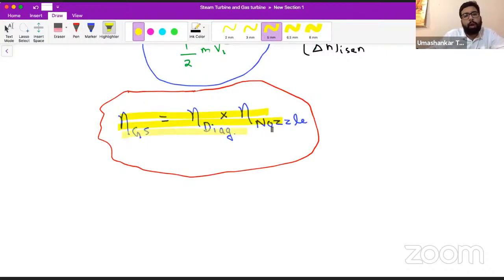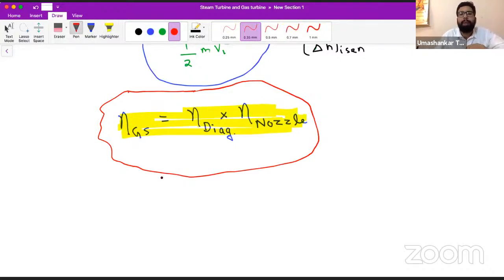If the gross stage efficiency is asked of you, you can find it by multiplying diagram efficiency with nozzle efficiency. These diagram efficiency and nozzle efficiency expressions we have derived in the previous session. Yes or no?